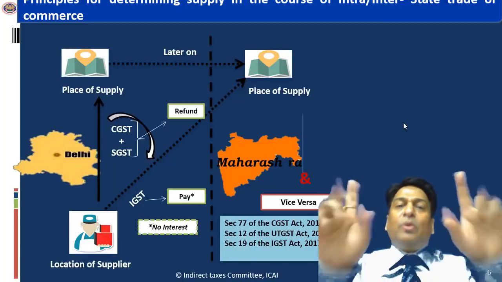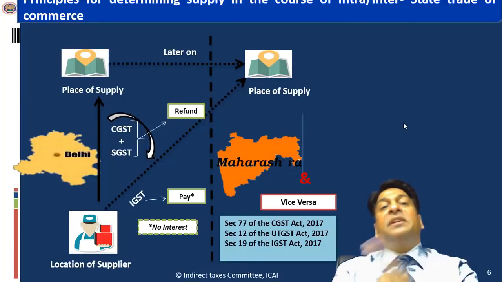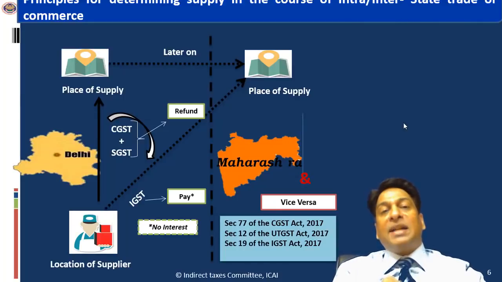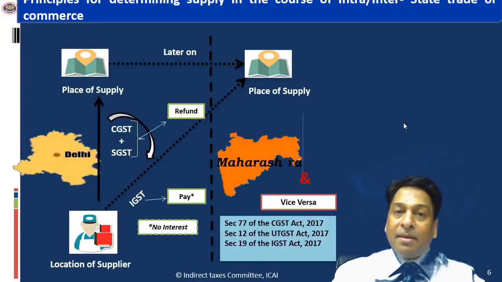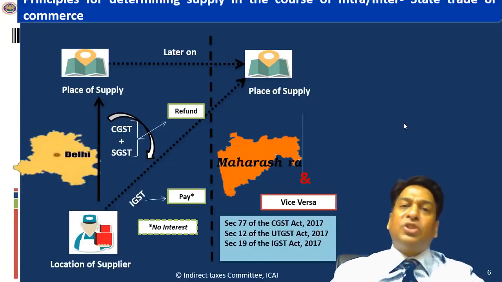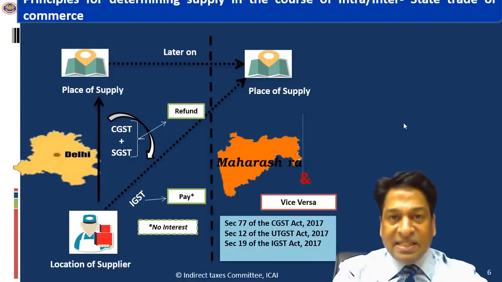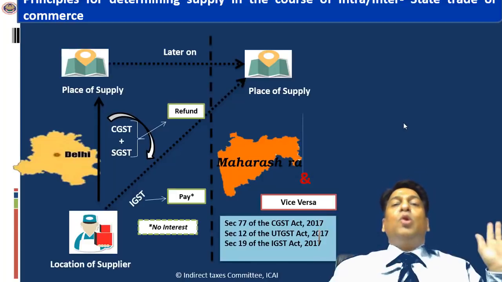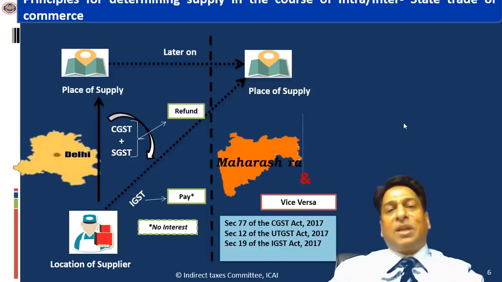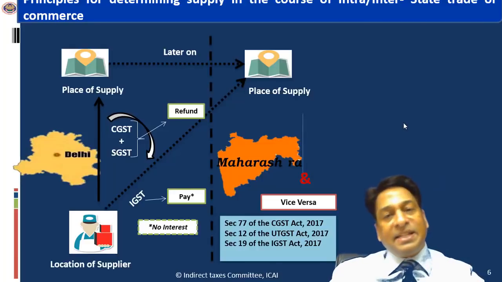Only one issue would be cropping up in your mind: if there's a period difference. Let's say you charge CGST and SGST in July 2018, but you come to know in July 2019 that it should have been interstate IGST. So you have to pay IGST. Question comes, are you supposed to pay along with interest? Fortunately, no interest is required, but IGST is to be paid, and you have to go for refund of CGST and SGST.